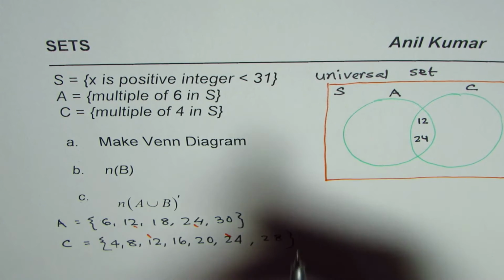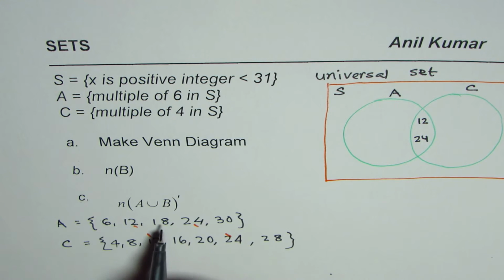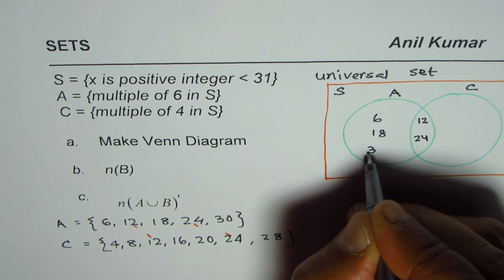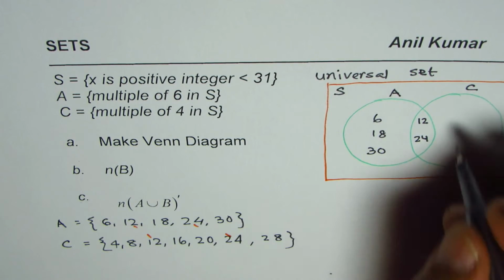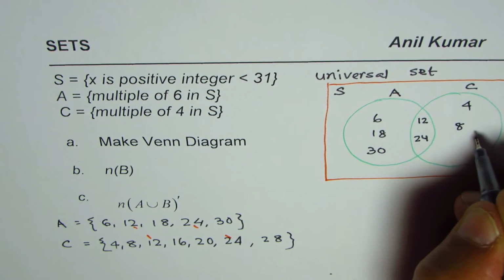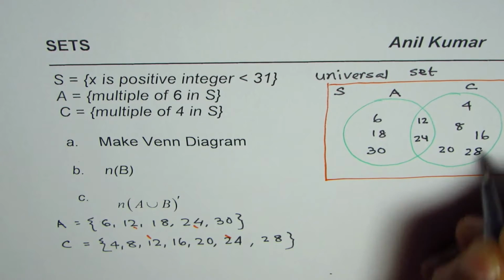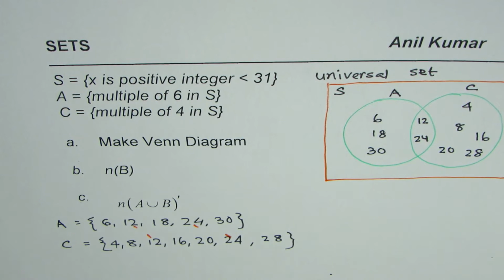The rest will go in A. A will be 6, 18 and 30. In C we have 4, 8, 16, 20 and 28. Now we can easily answer all the questions.